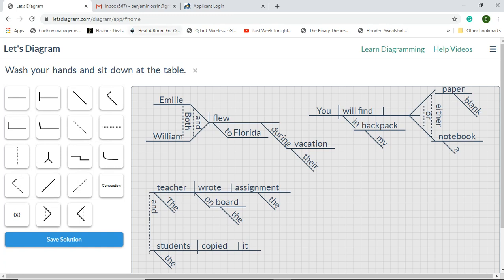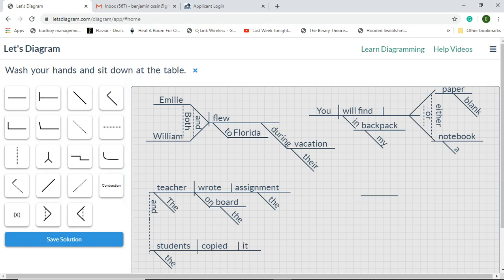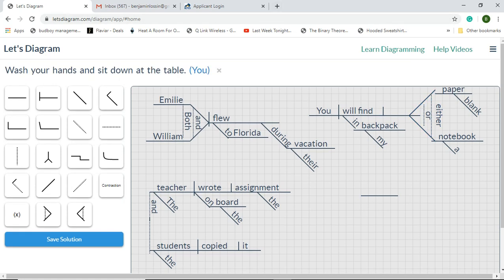So we know that the subject is you, implied. Period from here. You implied, right? Because it's a command. So our subject is you implied.